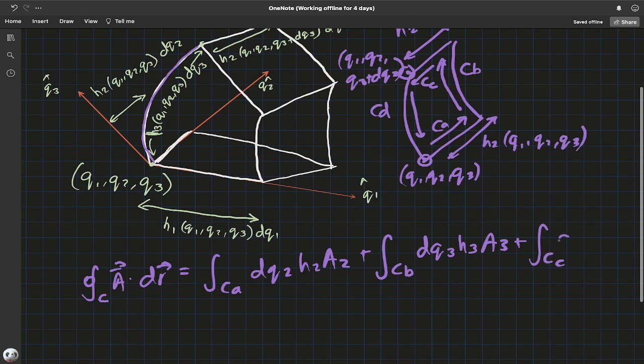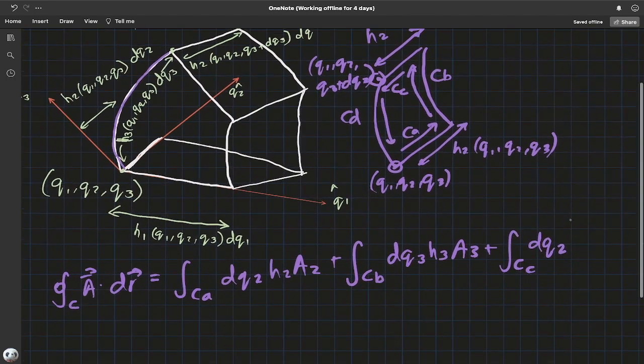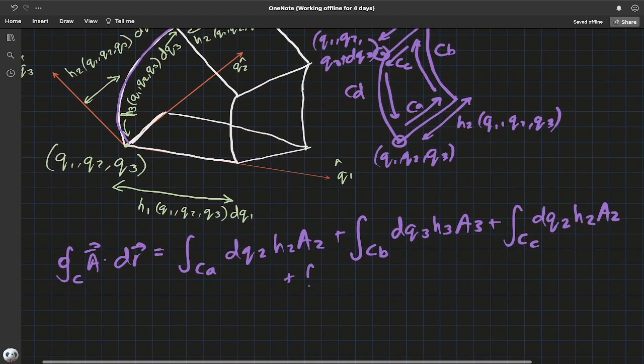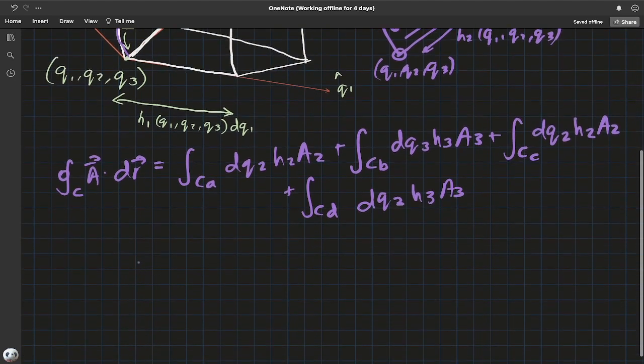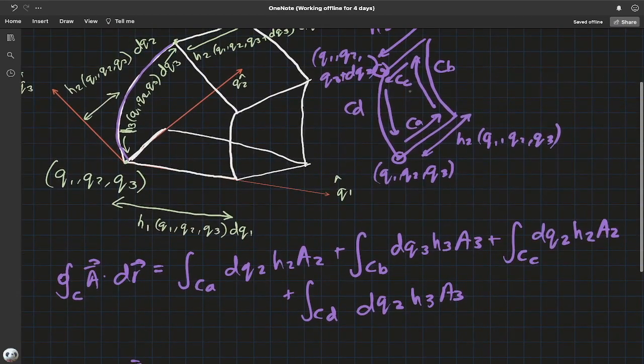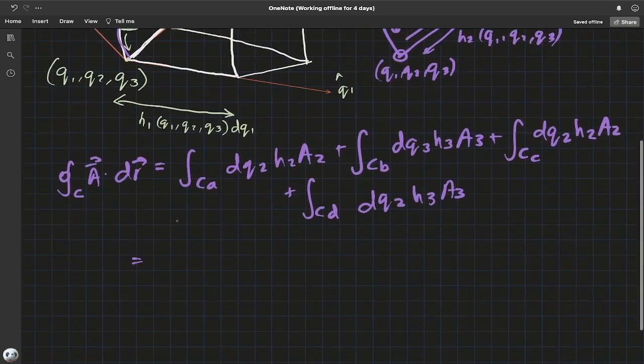CC, again q2 hat direction. CD, q3 hat direction. But all we need to keep into account is those points, the reference points, and the orientations, if it's positive or negative.